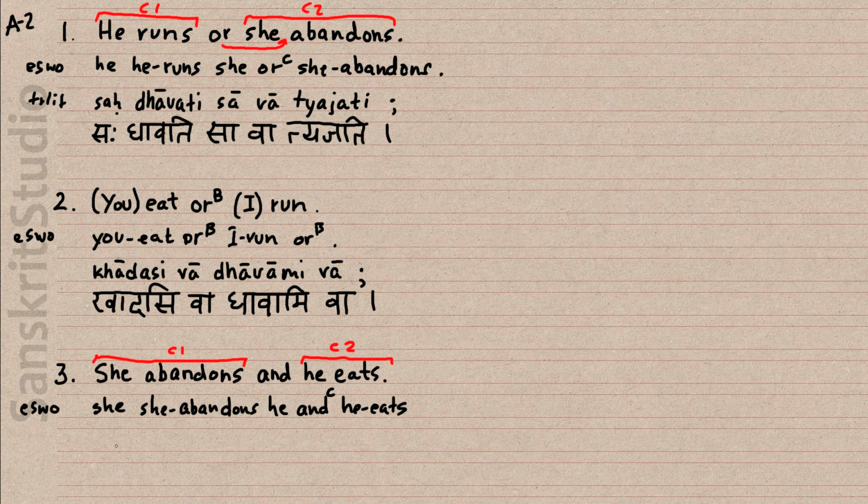Okay, and then we have the transliteration line here. Sa, jati, and then comes saha, and then comes our and, cha, and then he's eating, kadati, like that.